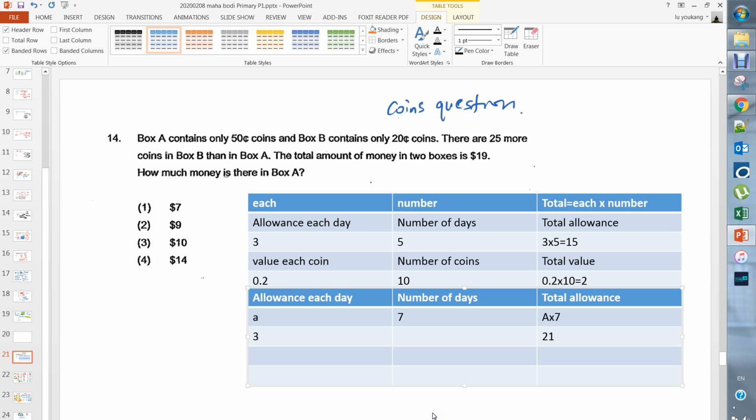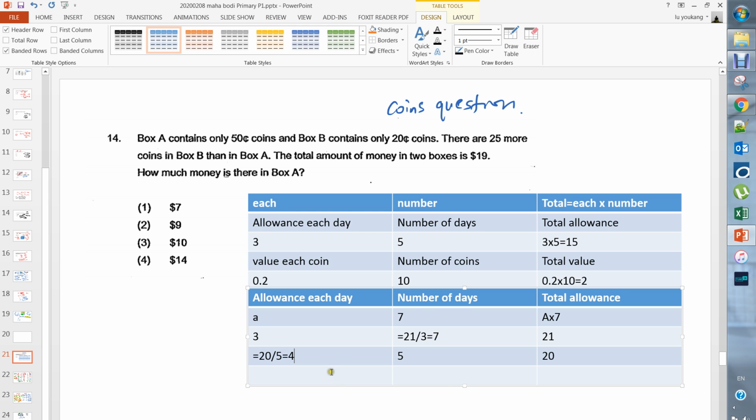So how do you get number of days? 21 divided by 3, very good, which is 7, right? Okay, once again. We have 5 days. Then the total allowance is 20. So what is the allowance per day? 20 divided by 5. Very good. Which is 4. Right? Okay, good.